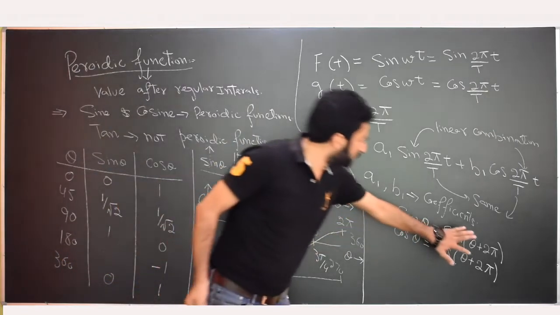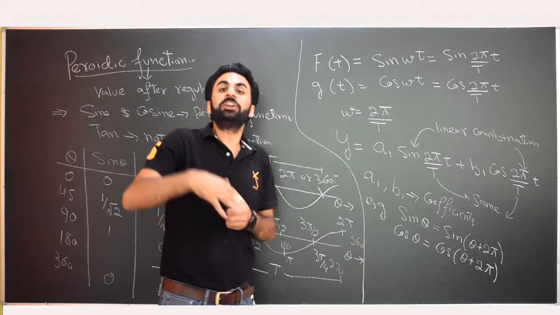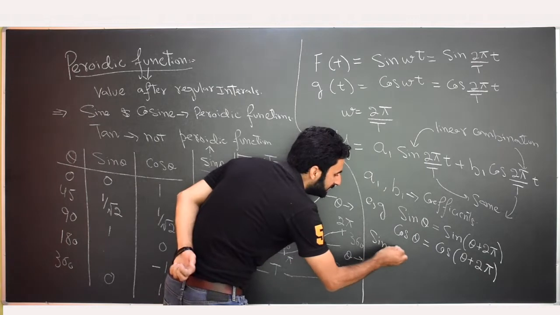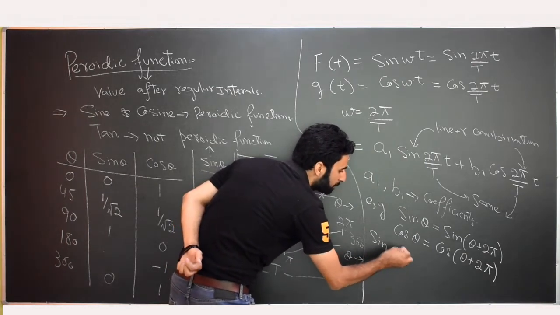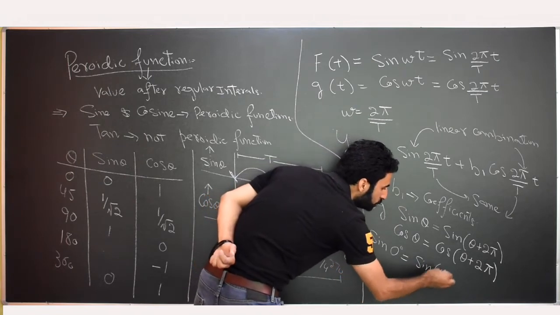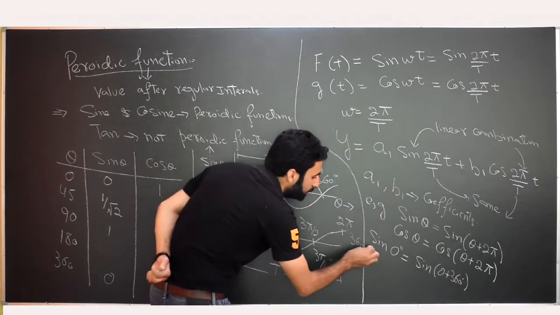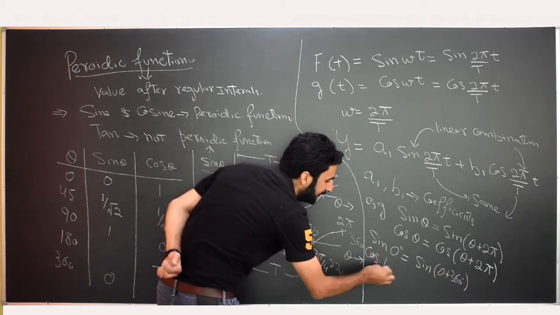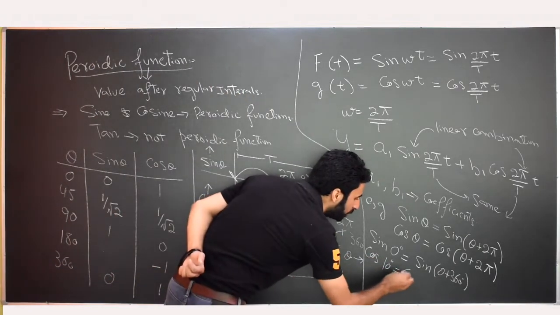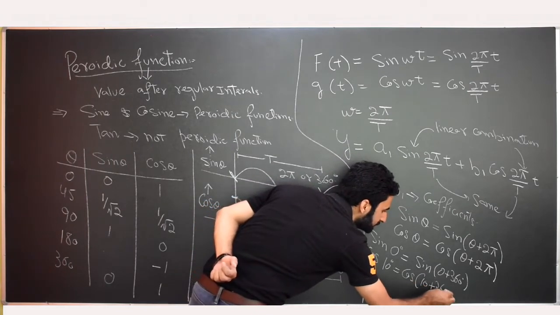Because after the time period 2 pi the function repeats its values, whatever value there is for sine of 0, you will have the same value for sine of 0 plus 360 degrees. Whatever value we have for cos of 10 degrees, we will have the same value for cos of 10 plus 360 degrees.